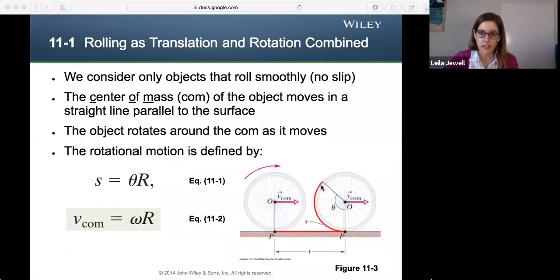And this is an angular distance, so you could calculate that arc length S with r theta. But if we lay it flat on the ground, that would be that same distance S. So the linear distance is actually the same as the arc length here. Similarly, the center of mass velocity, v_com, which is the speed that it's moving translationally at the middle, is just going to be the angular velocity omega times the radius. That will tell you how fast it is moving in a translational direction.